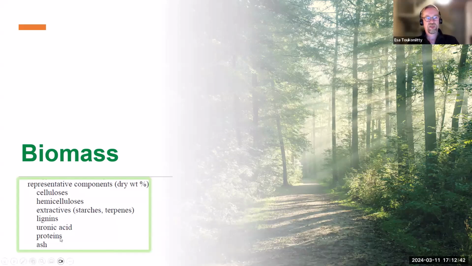But out of these, what are the most important in terms of making biofuels? It's of course cellulose, perhaps the extractives, if you also count the fats and oils, the lipid type materials that are soluble in organic phase.